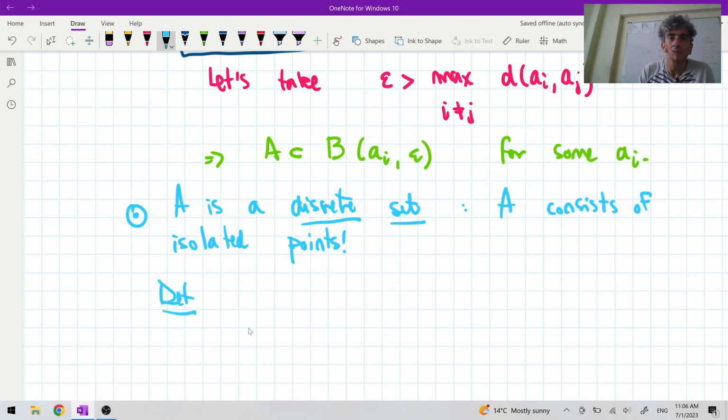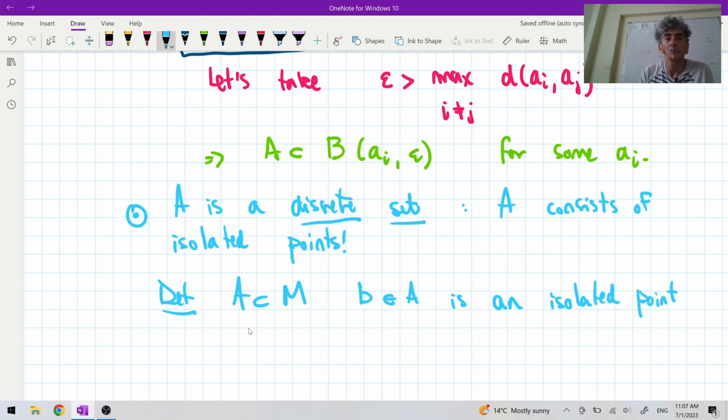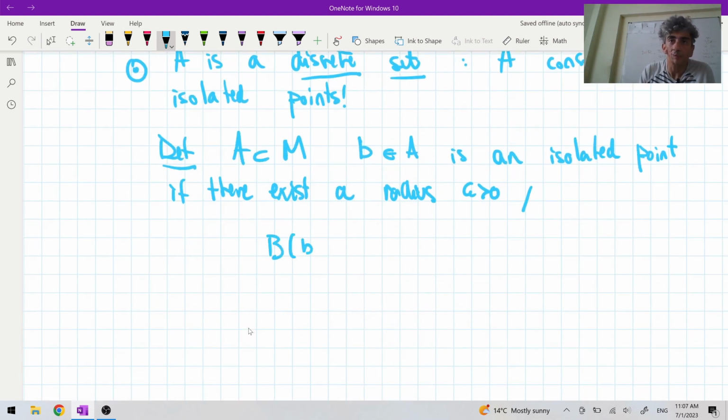Definition: b belonging to A is an isolated point if there exists a radius epsilon such that the ball centered at b of radius epsilon, when you intersect it with A, gives you just b.